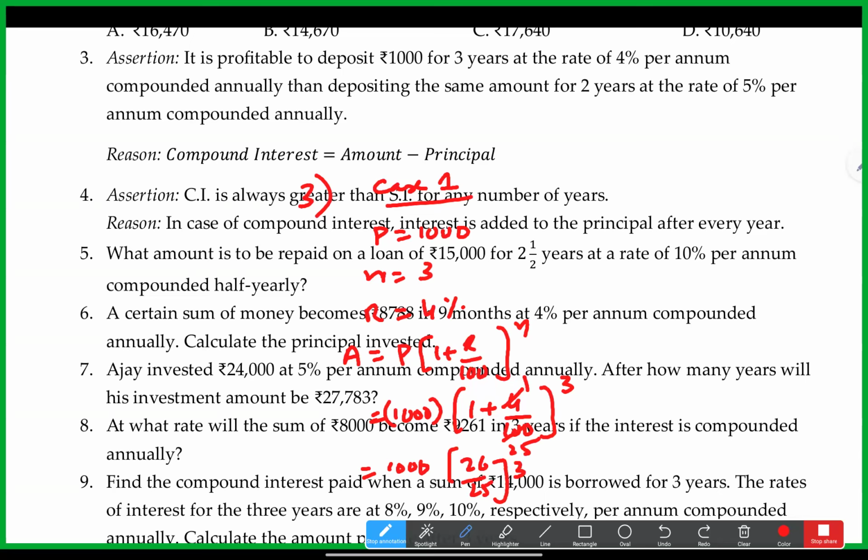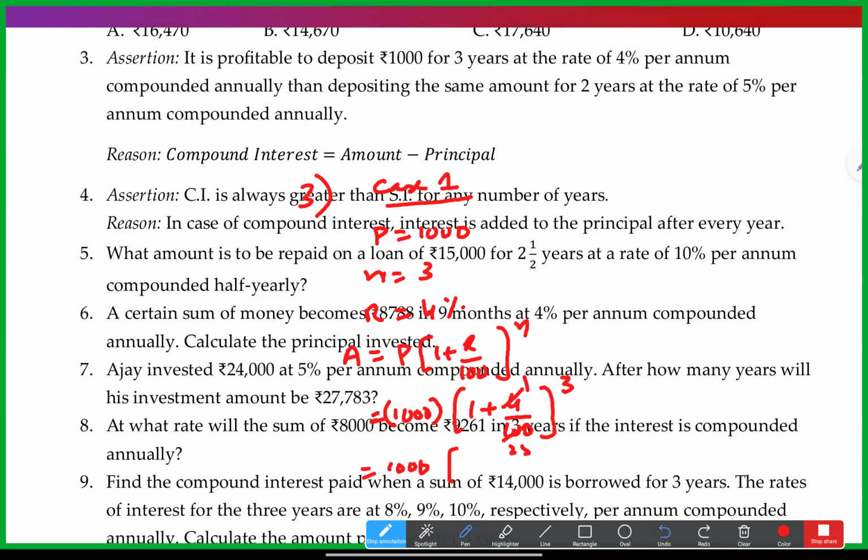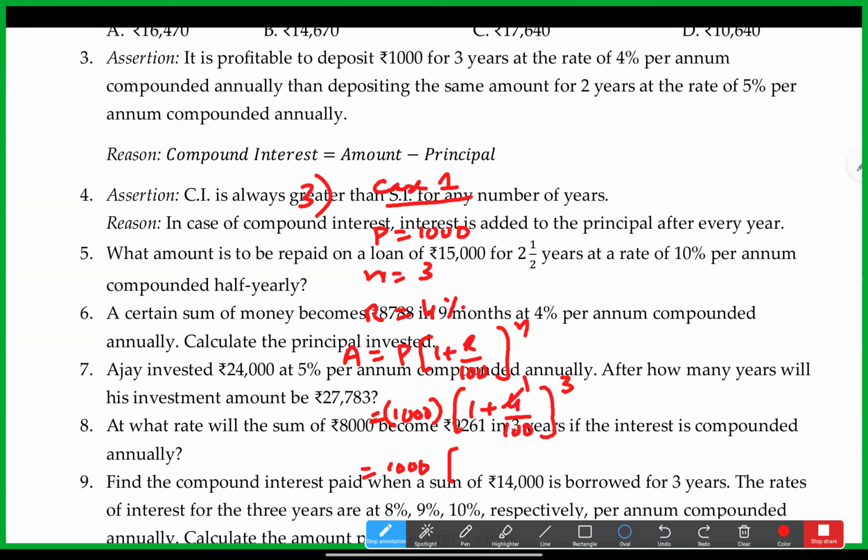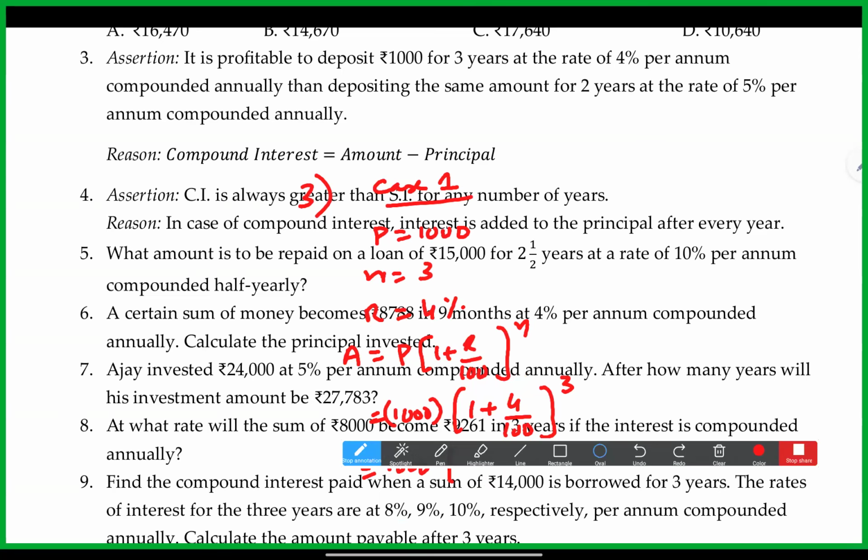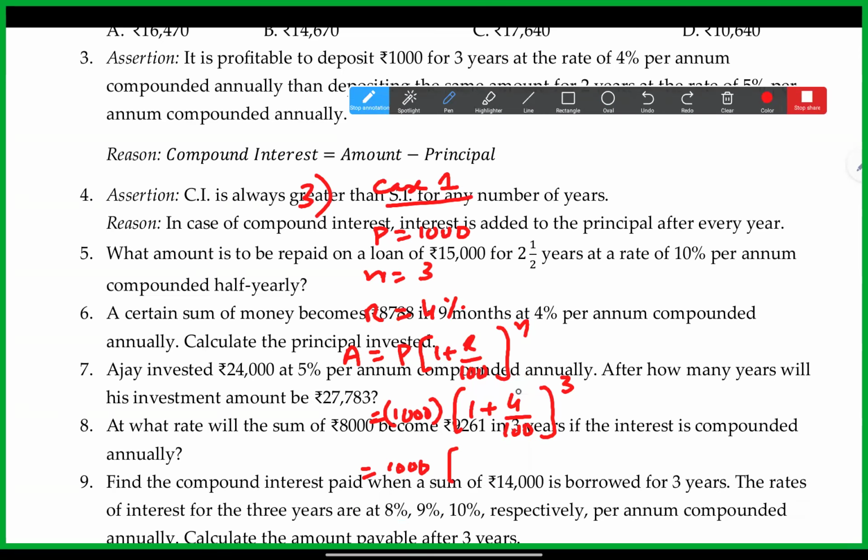Because 4 and 100 will get cut, 4 ones are 4, 4 twenty-fives are 100, and 1 plus 1 by 25 is 26 by 25. So 26 by 25 whole cube.